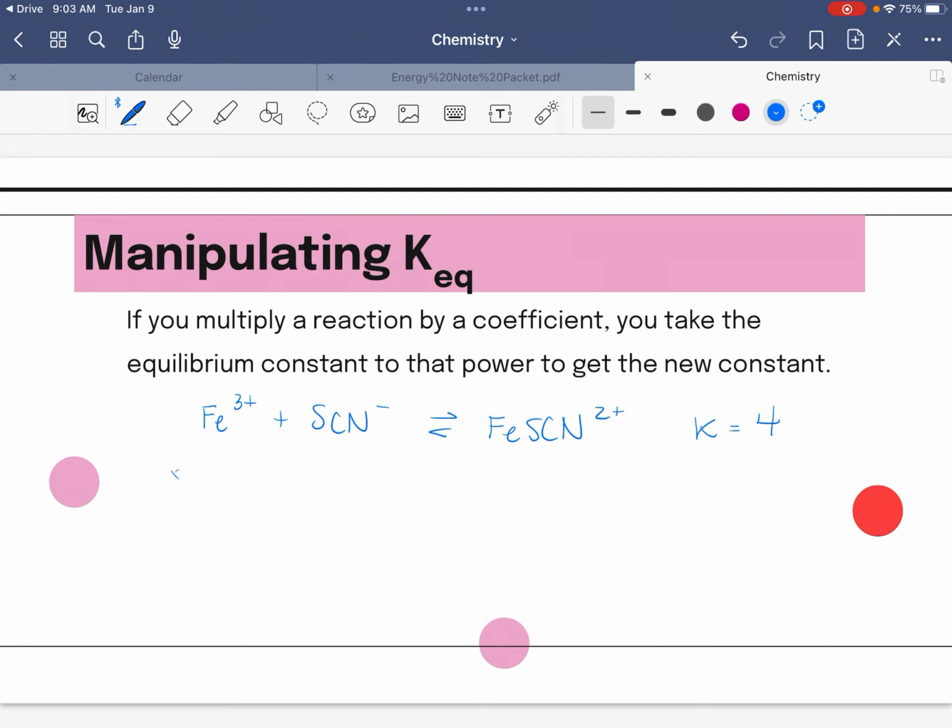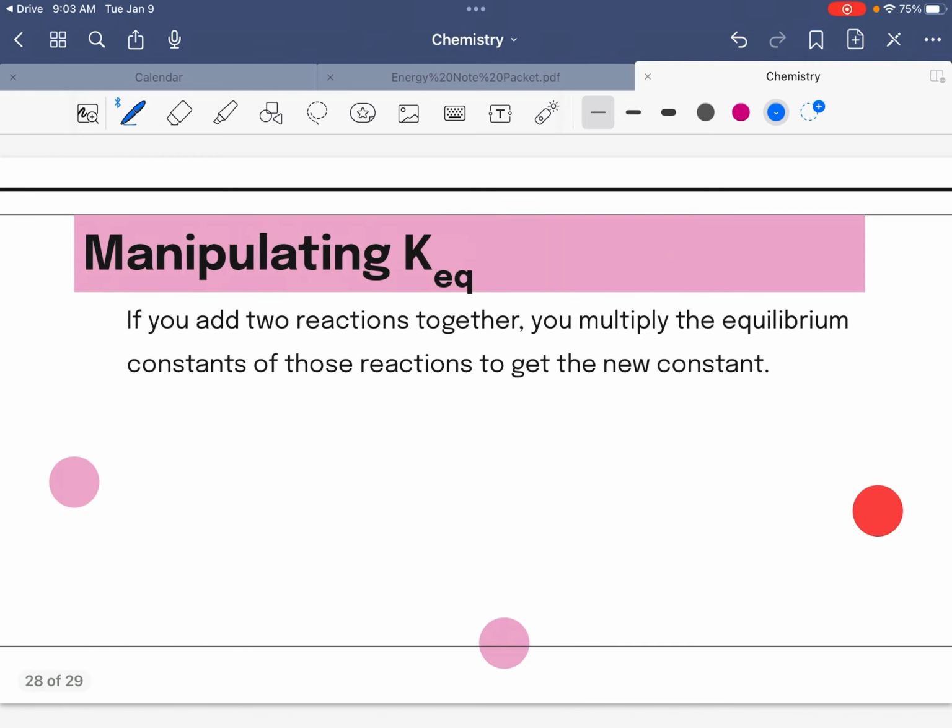If I were to multiply my whole thing by 2, I would have 2Fe plus 2SCN yields 2FeSCN. And then I will take my constant to the power of 2 in this case. So my new equilibrium constant is 16. So it's exponential in terms of our change in our constant.